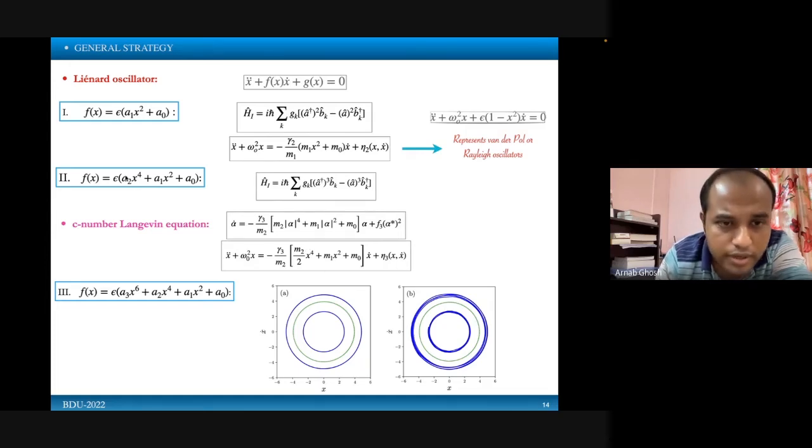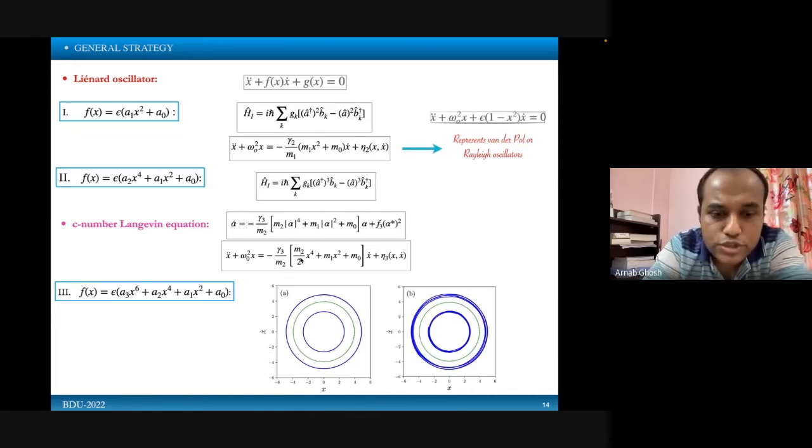Once you get these equations, you can identify epsilon, which in this case would be this. Then A2, A1, A0 you can identify with these values of the MJs. We also formulated a general prescription of the relations between these AI and these MJs, which I am going to show you.